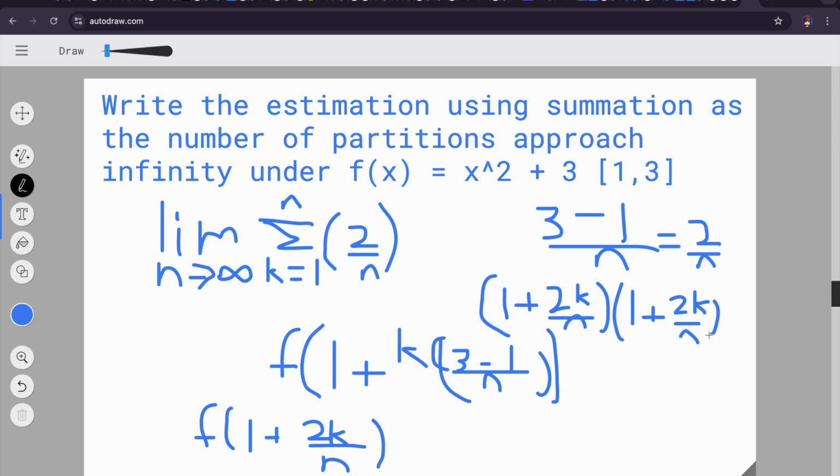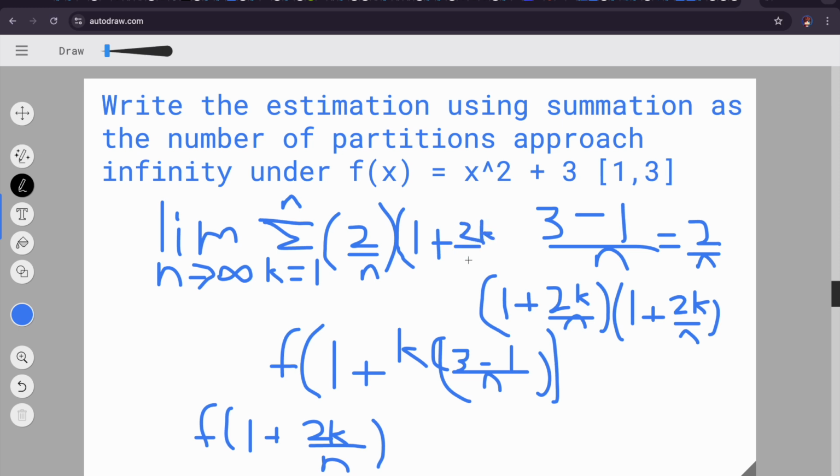I think we shall just leave it as this. It's just squared. I don't think it's worth multiplying that all out.